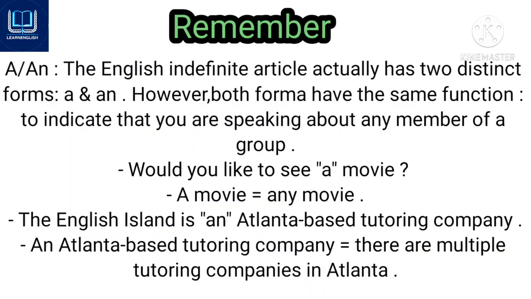Would you like to see a movie? A movie, any movie. The English Island is an Atlanta-based touring company. An Atlanta-based touring company means there are multiple touring companies in Atlanta.